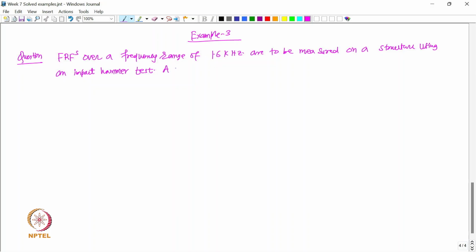A frequency resolution of 0.25 hertz is required.